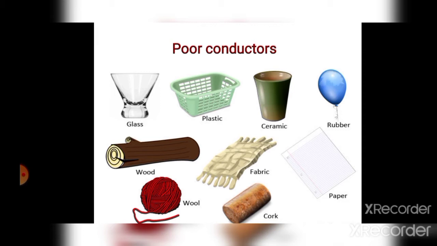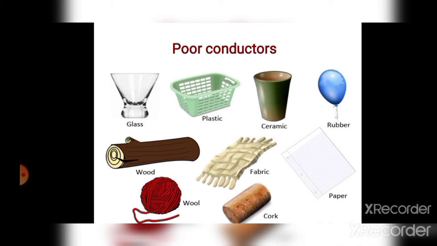In general, liquids are poor conductors of heat and gases are very poor conductors of heat. For example, water is a poor conductor of heat and air is a very poor conductor of heat. In fact, air is a very good insulator of heat. The materials which trap air, such as wool, fur and feathers, are very poor conductors of heat.